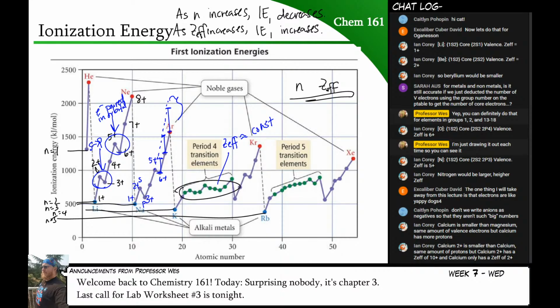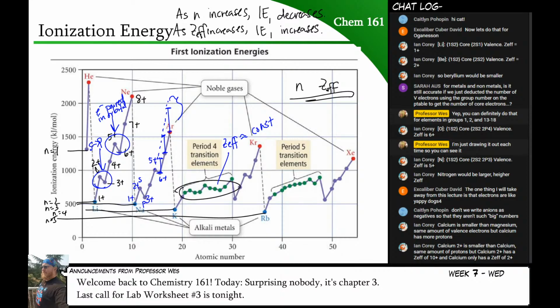All right, that explains ionization energy. So it doesn't seem like there's much there because we've done all the discussion on atomic radius already. But there is a lot going on here. So be very careful about learning the trends for ionization energy relative to N and Z effective.